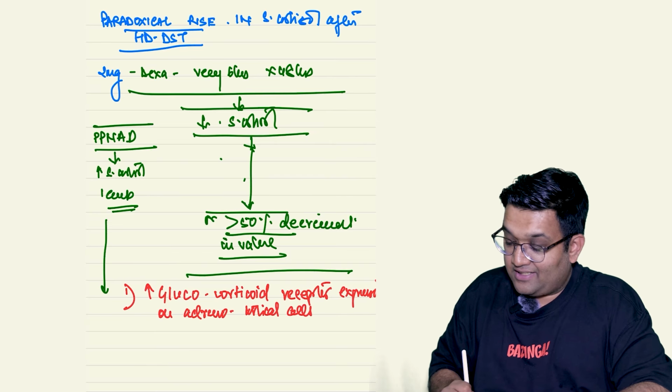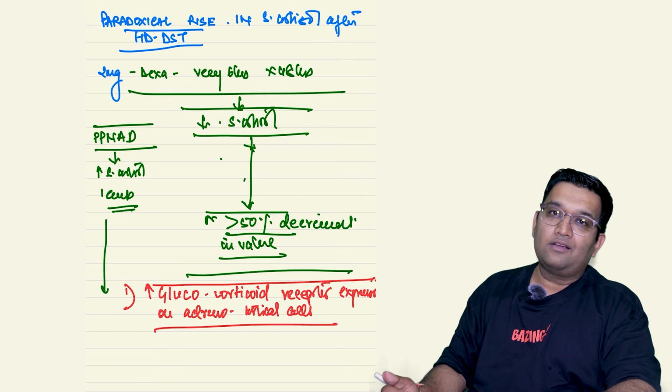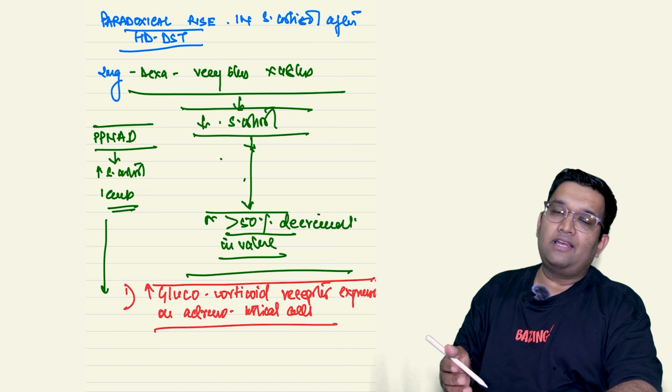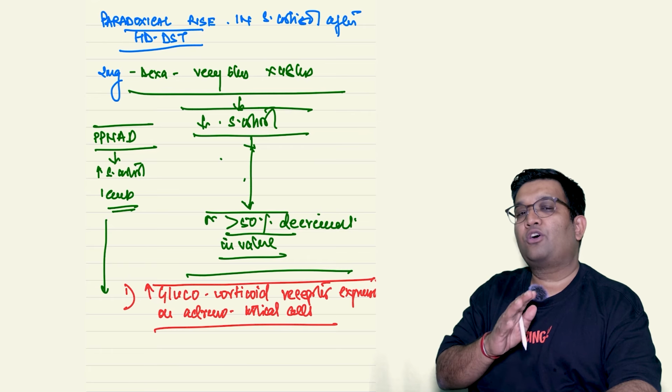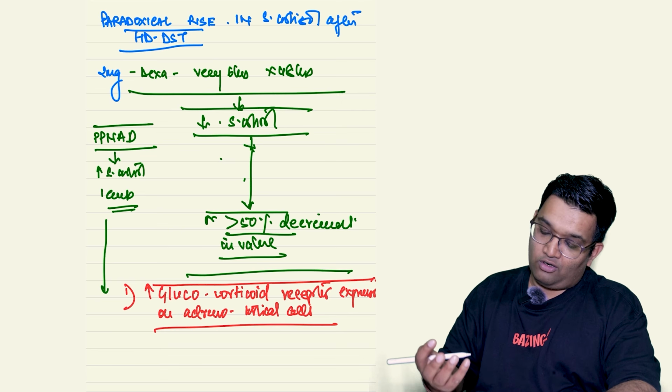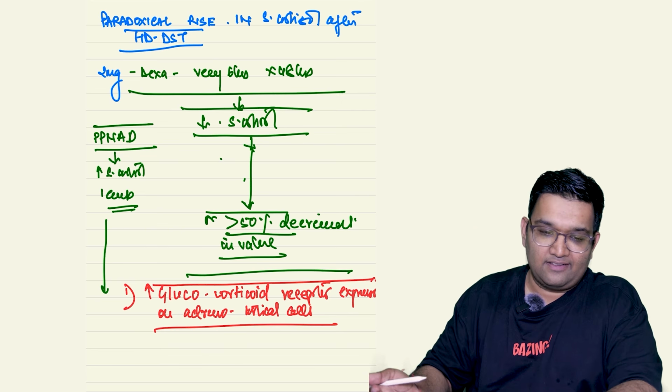So what is happening is that, because the receptor levels are very high, this DEXA should ideally suppress the cortisol, but because of the high density of this glucocorticoid receptor, it is ending up stimulating it.